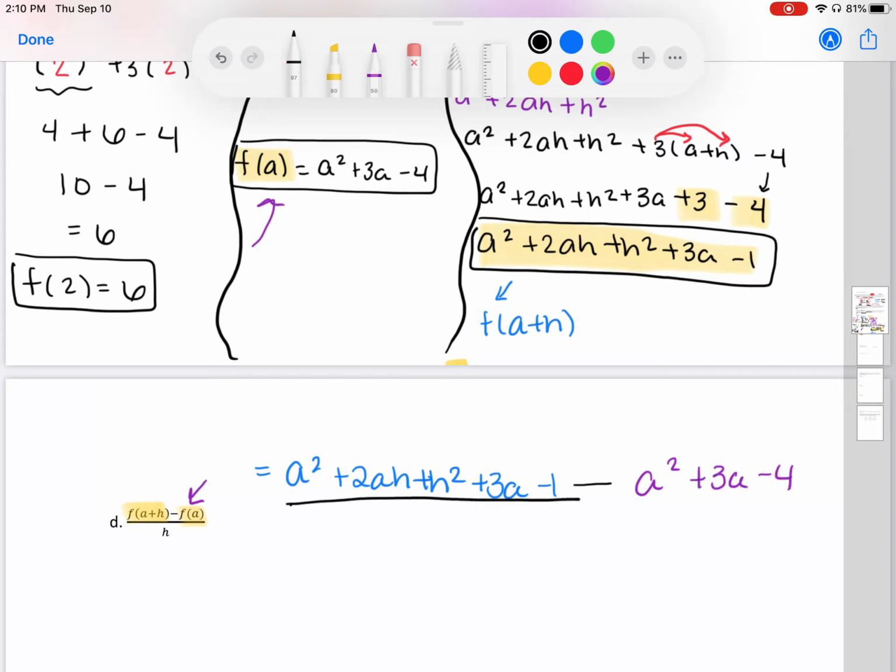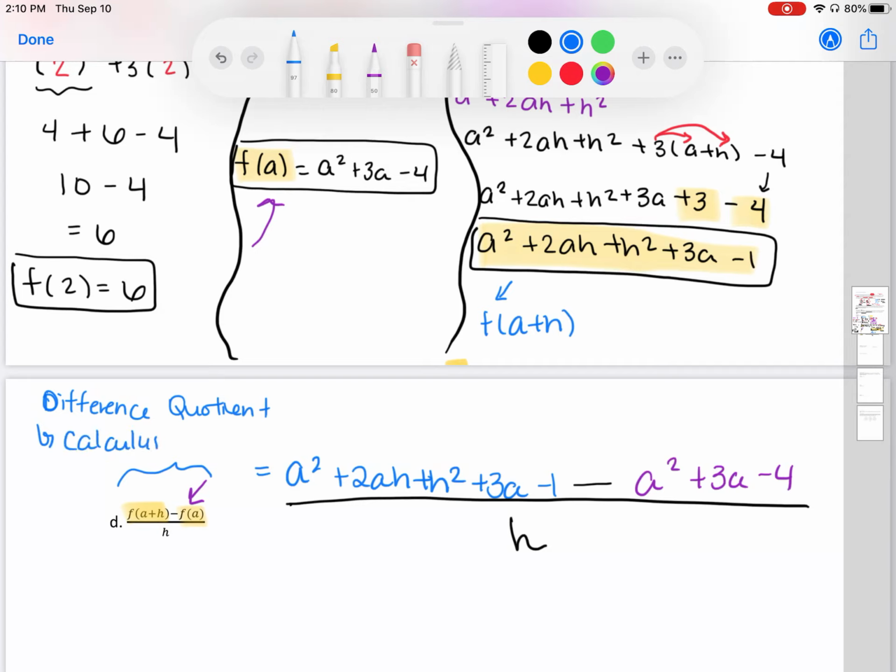All of that will be divided by h. Okay, you'll see this again when you continue on to your college algebra course. This is a very important formula. This is called the difference quotient. And you'll actually see this again in calculus, so it's nice that we're seeing it now.